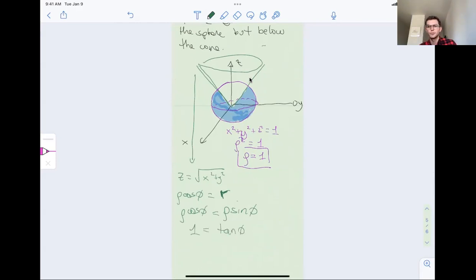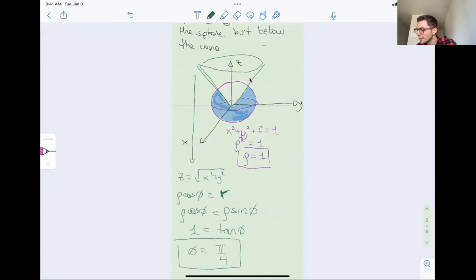When is the tangent equal to 1? For what angle does that happen? Pi over 4, yes. So the cone just becomes phi equals pi over 4.